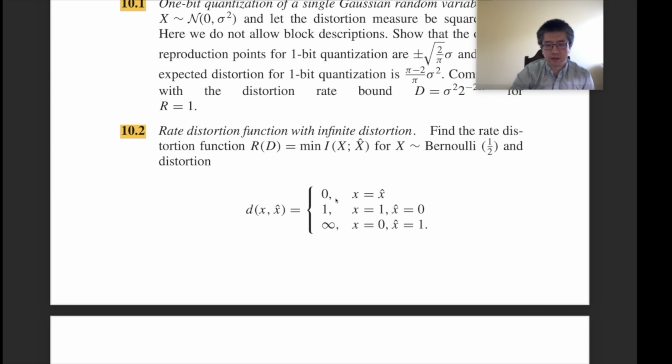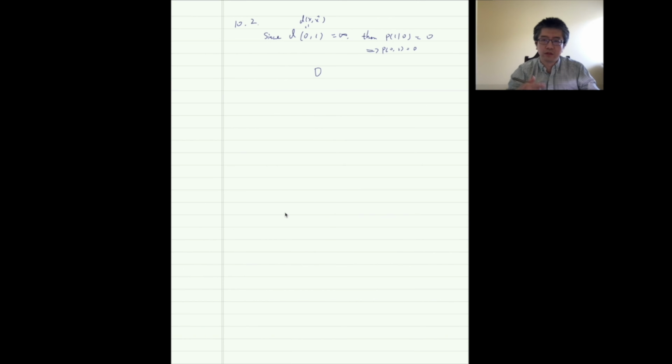If we assign this symbol probability 0, we don't have it in the average distortion. There's only one term here for the average distortion, so this distortion will be nothing but p10 multiplied by d10, where this is 1, that equals p10. And therefore this is the distortion.